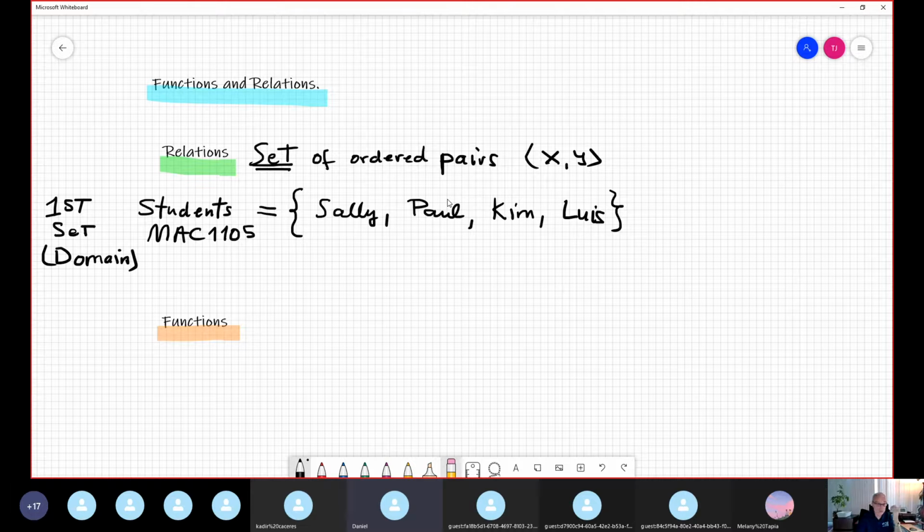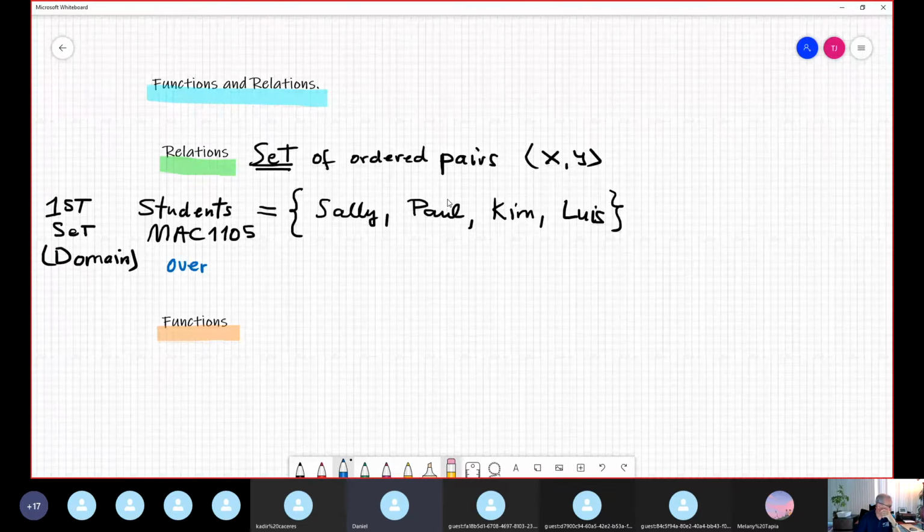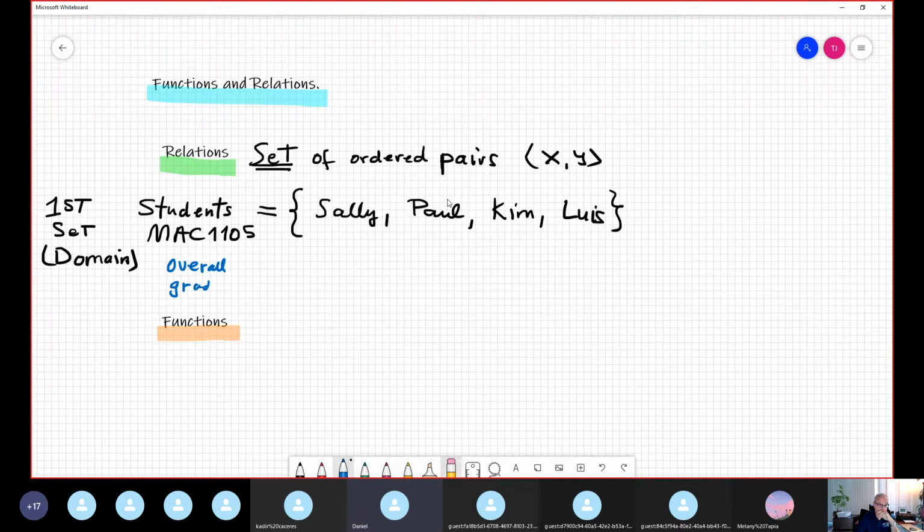However, I have another set. It's the set of the overall grade in college algebra. Suppose the overall grade when the course is over, in December, that I need to assign my student. We have different possibilities: A, B, C, D, by the way, D, you don't pass, I need to repeat again, and F is completely a mess, no?